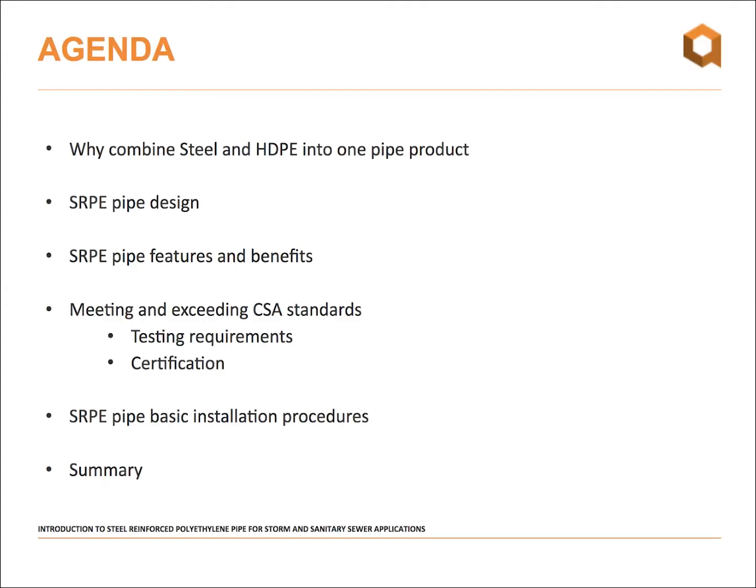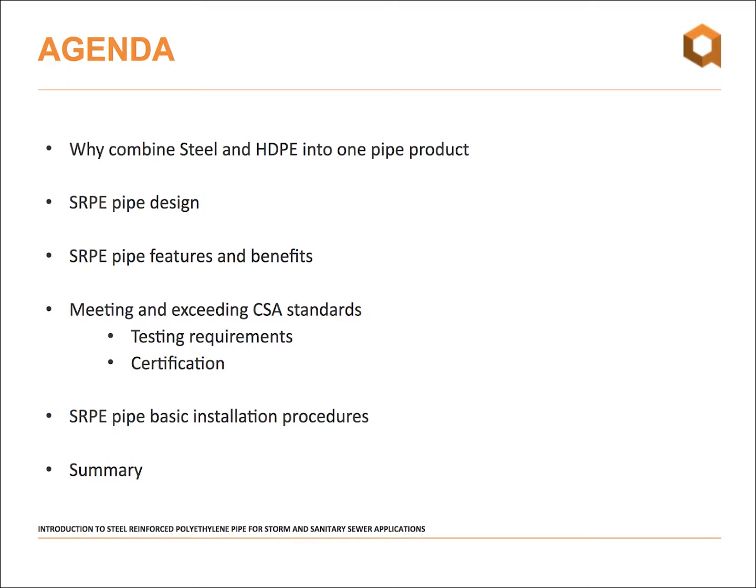So our agenda is as follows. Why combine steel and HDPE into one pipe product? And then how such a steel reinforced polyethylene pipe has been designed, the next generation of steel reinforced polyethylene pipe, the features and the benefits of using a steel reinforced polyethylene pipe.